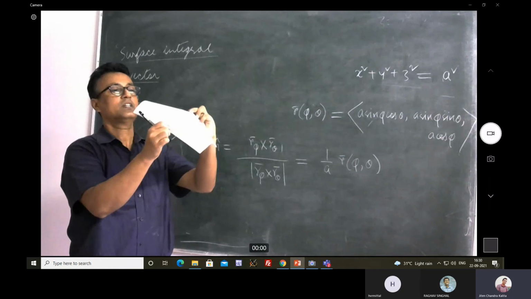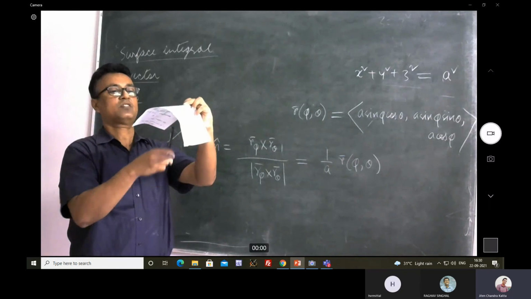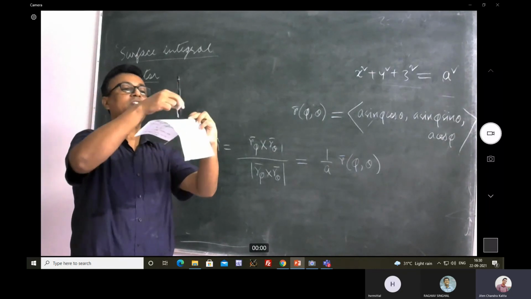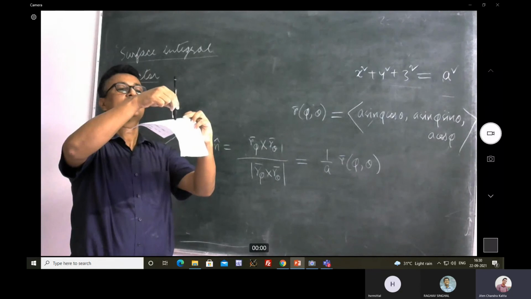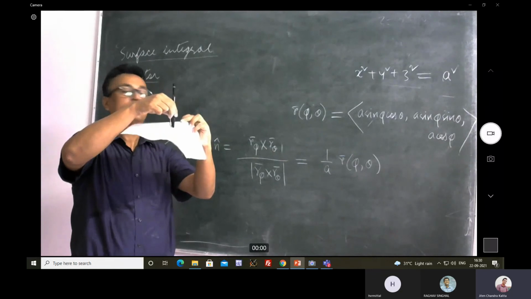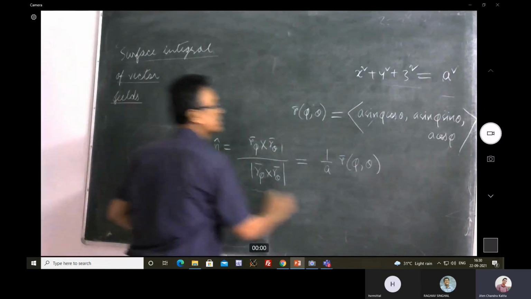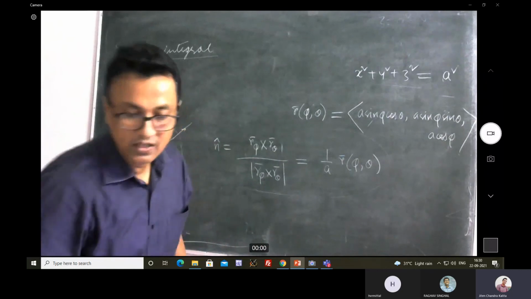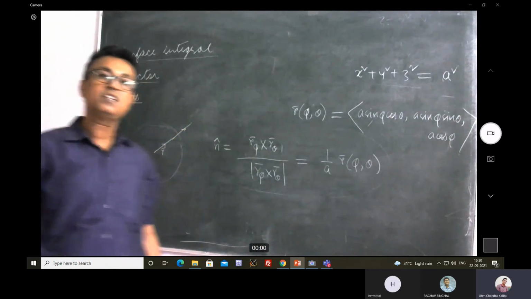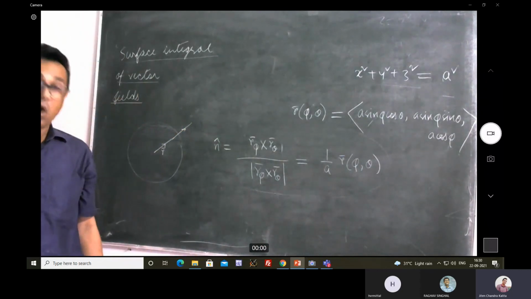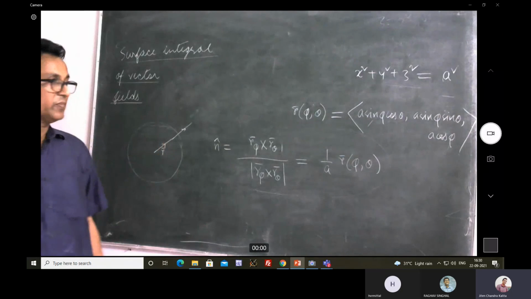This radial vector is exactly going to be the normal to the surface. The radial vector itself is normal to the surface of that sphere.